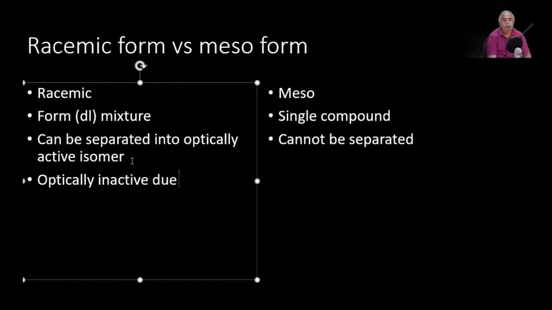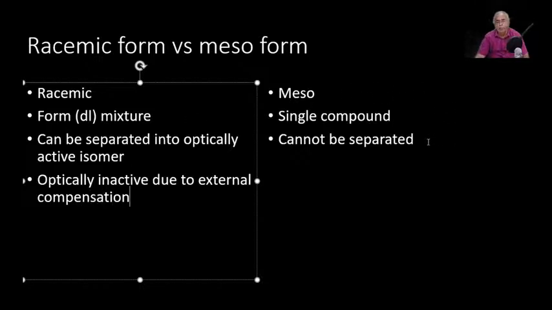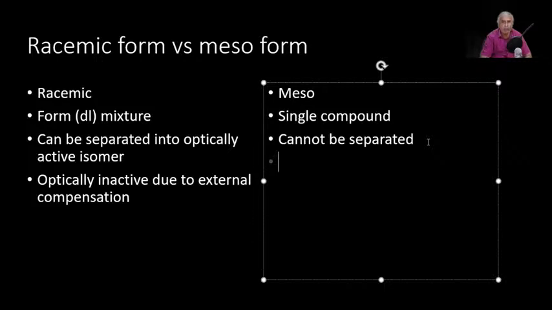Why are they optically inactive? Due to external compensation. External compensation means, by mixing equally, that is equimolar mixing of D form and L form, so it's called external compensation. Whereas meso is optically inactive.